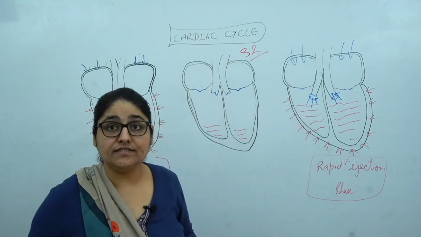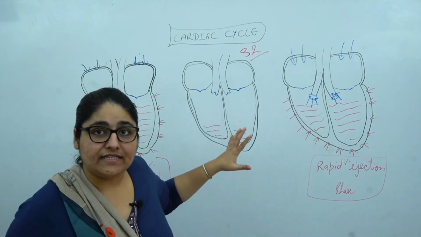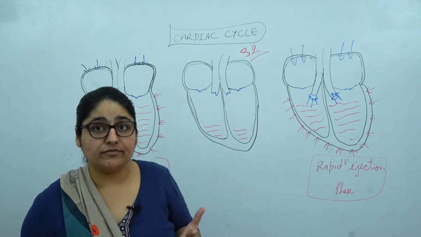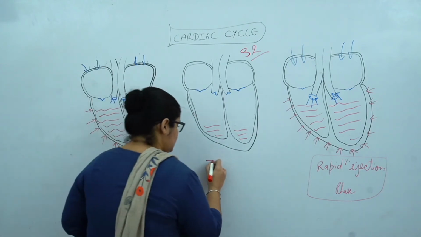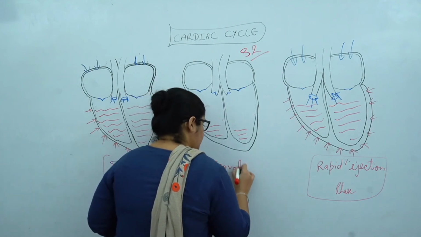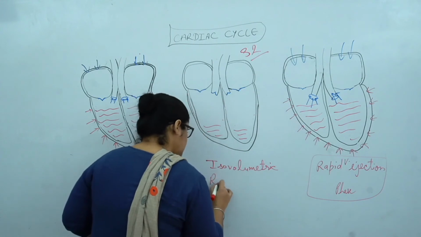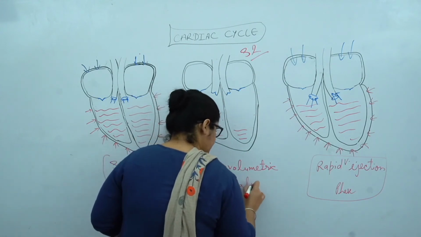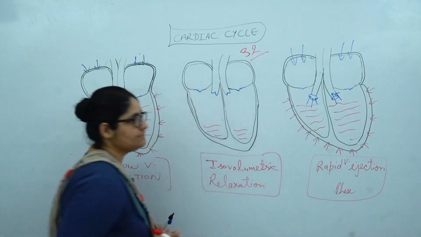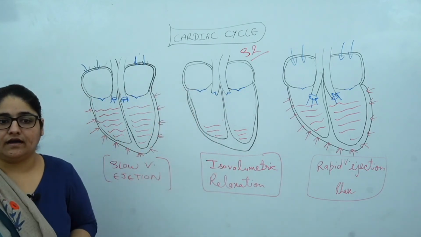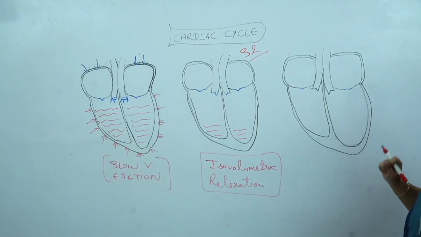So this stage is also isovolumetric, and this is called isovolumetric relaxation. Moving on to the last stage.